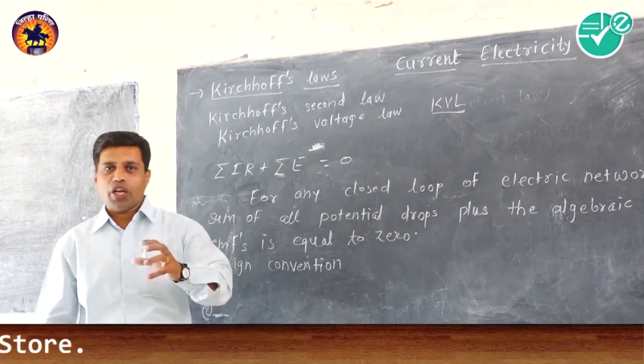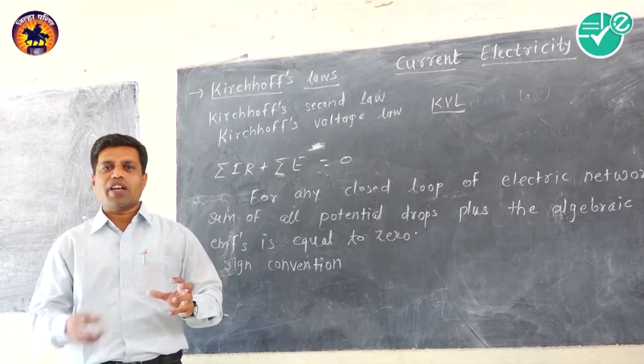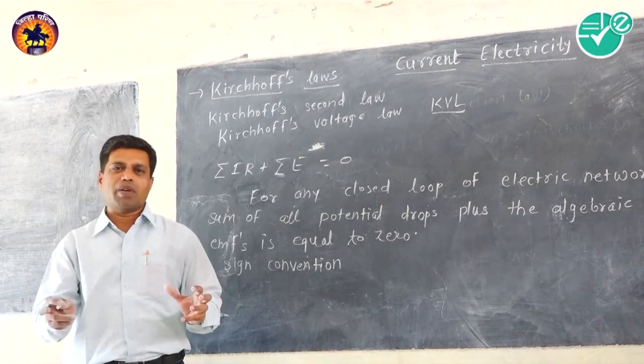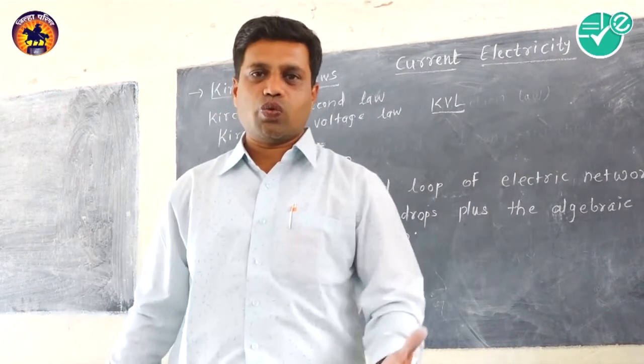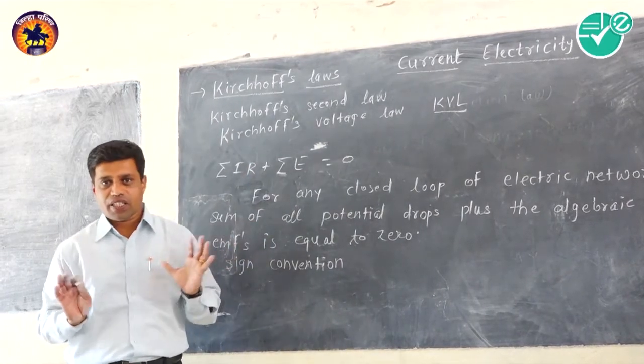If you move from the negative terminal of a cell to the positive terminal, then in that case the EMF of such a cell will be treated as positive, or otherwise it will be treated as negative.